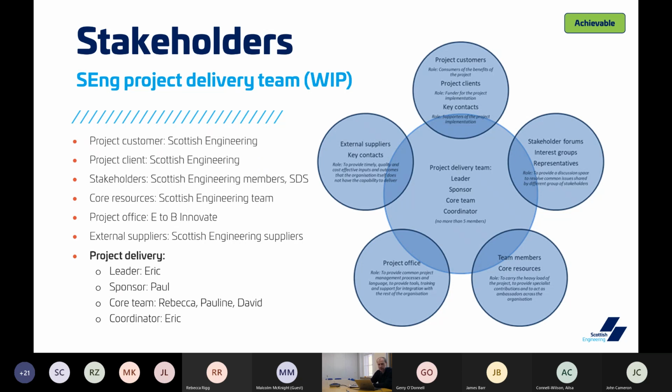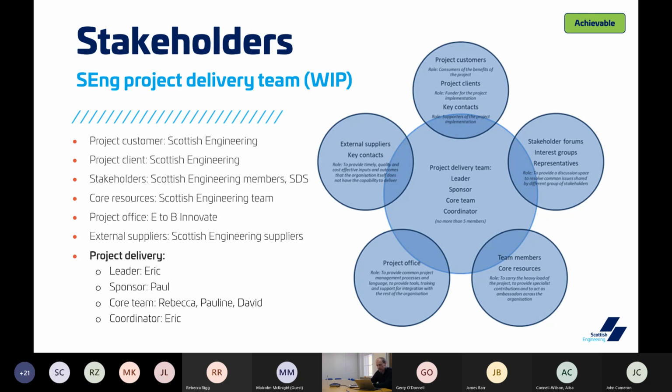And here, and I'm going to show you a few of those during this presentation, is one of the tasks we're trying to achieve, or we are achieving, which is developing the Scottish Engineering Net Zero Roadmap. And what I'm going to show you is some slides on that project, because it's a work in progress. But you can see here how, from the stakeholders, you've just put a team together with a project delivery team, which is 5 people, no more, and then a series of forums for all stakeholders.